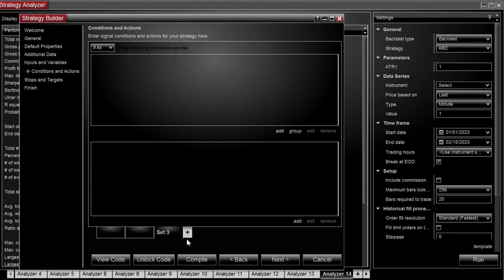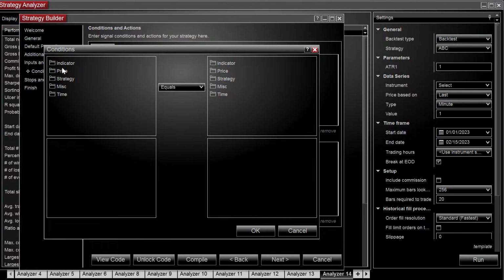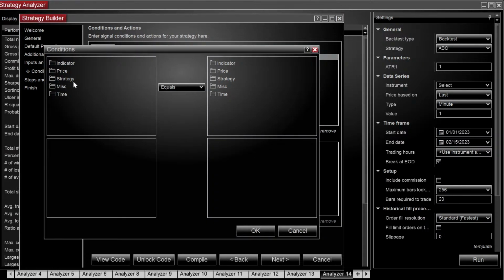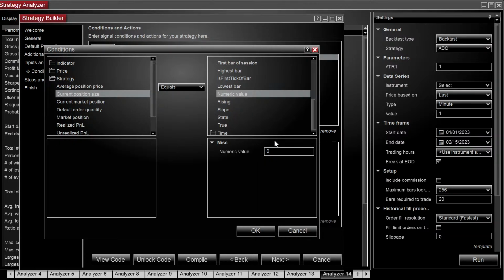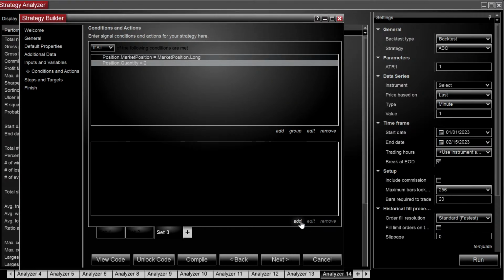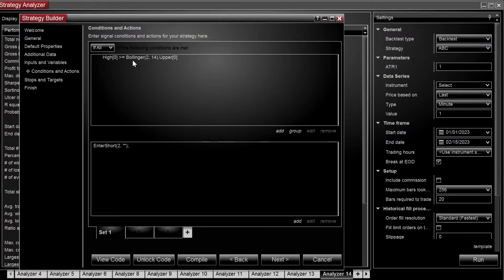Now let's open up a new set, and we're going to say current market position equals long. So we're currently long. Our current position size equals 2. Copy and paste.